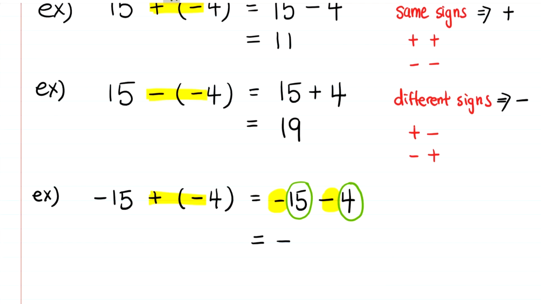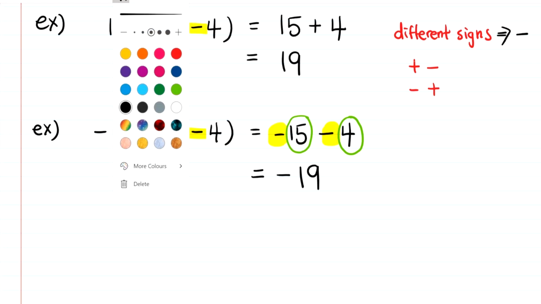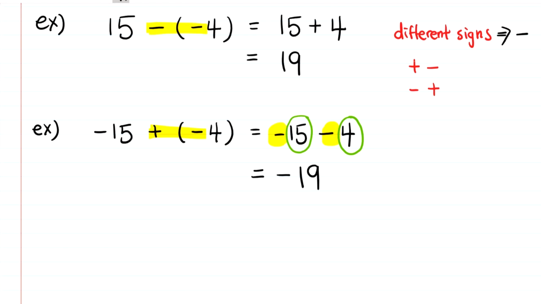So 15 and 4, if you add those two numbers, it will be 19. So that's how you get the answer. When two numbers have the same sign, the answer will follow the sign you're given, so it will be negative.